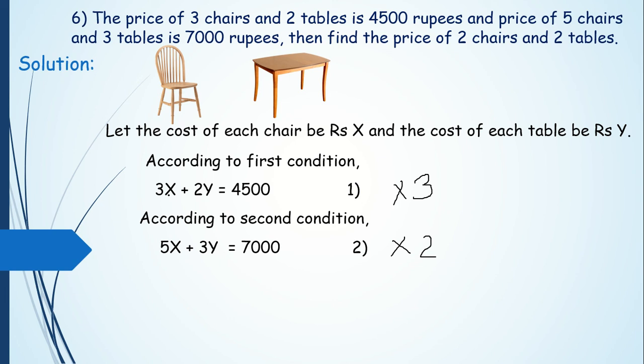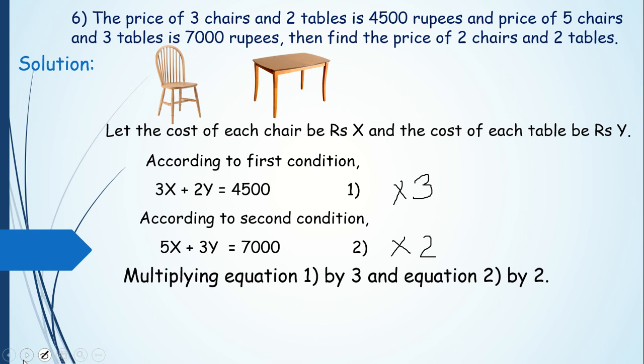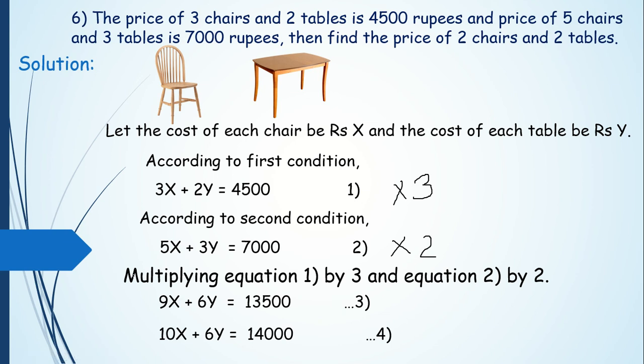When you multiply by 3, 3 3s are 9, 9x plus 3 2s are 6y. 9x plus 6y is equal to 45 into 3, 135, and multiplying equation number 2 by 2, 5 2s are 10, 3 2s are 6, and 7 2s are 14.